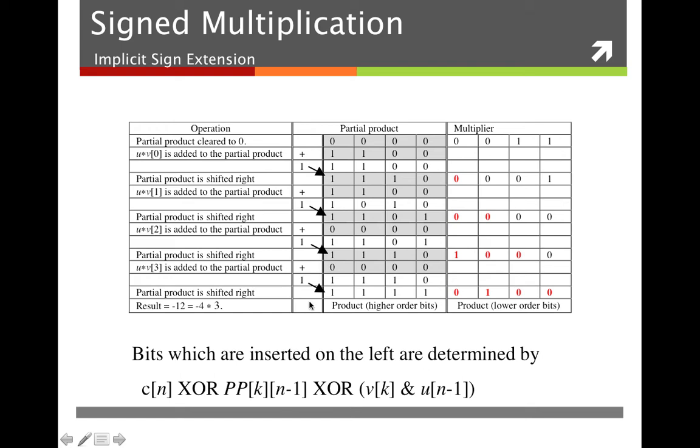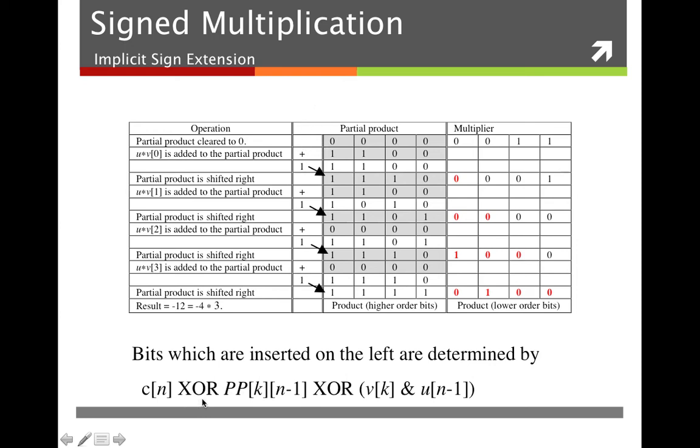What you notice here is that we only have to look at the bit past the leftmost bits of the two operands we're adding, namely the partial product and the multiplicand, which is kept in the same place, while the partial product gets shifted to the right, which is the same as shifting the multiplicand to the left. This formula is exactly what I told you would be happening. This is the carry that comes out of the most significant position.